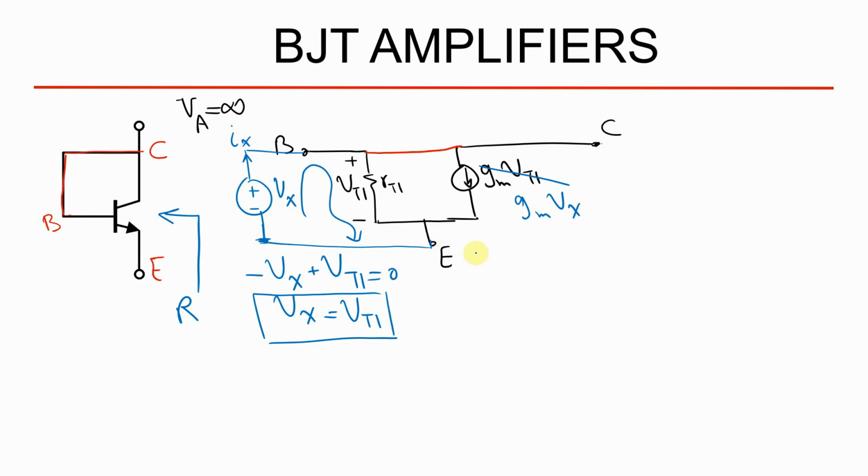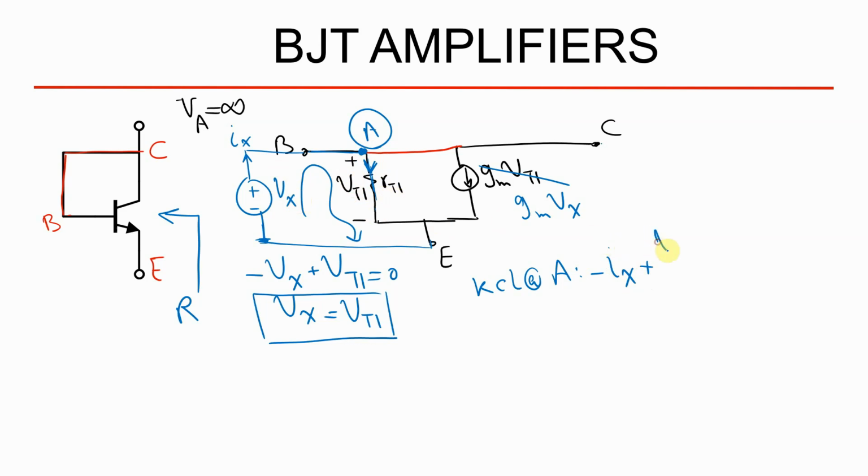Now I can use KCL at these nodes. For example, let's call this node A. So KCL at node A. Here this is Ix coming through this node, so minus Ix plus the current getting out through this resistor, where instead of V pi I use Vx.